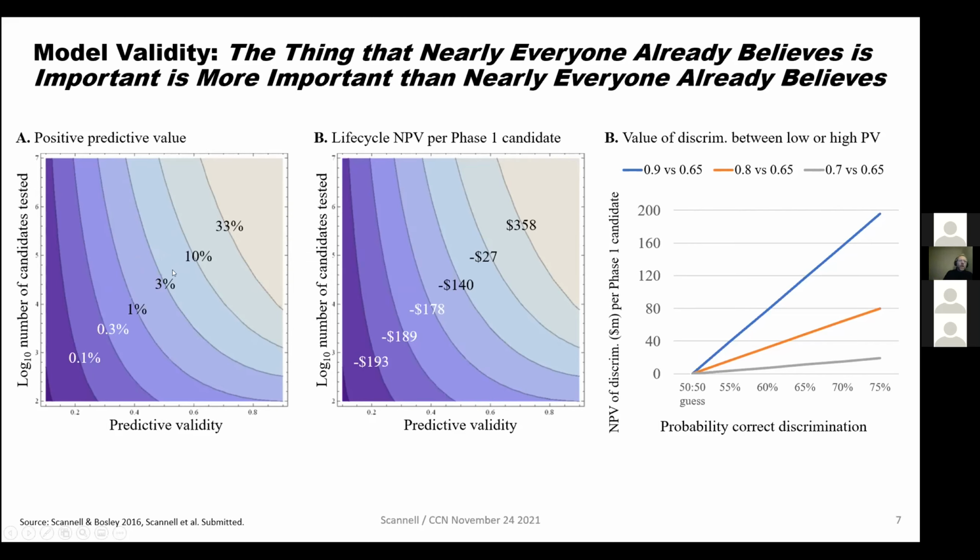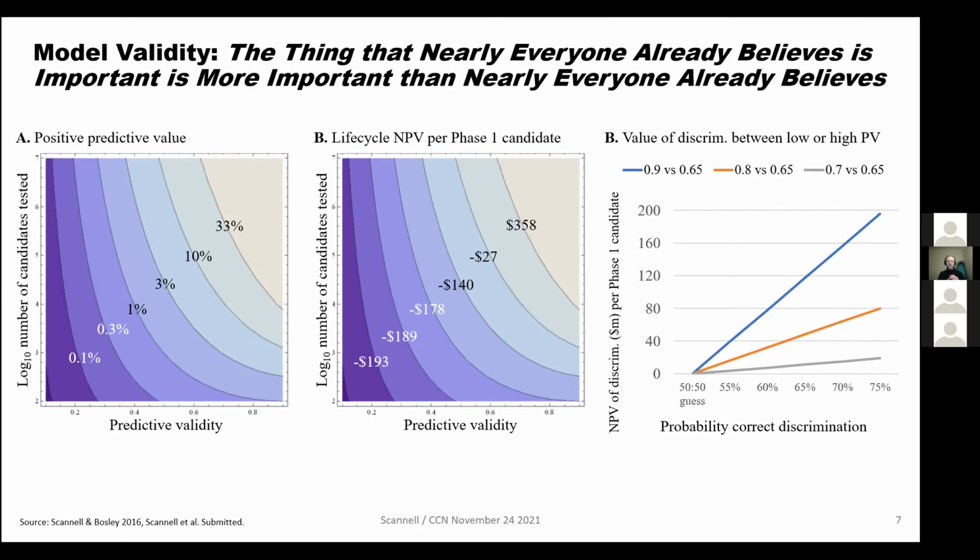changes in the correlation coefficient between the model and the human outcome of interest, which I think a lot of biological scientists would regard as quite small, i.e. moving from a correlation coefficient of 0.4 to 0.5 or 0.5 to 0.6, can have as big an effect on productivity as 1 or 2 orders of magnitude change in the number of candidates tested, right?